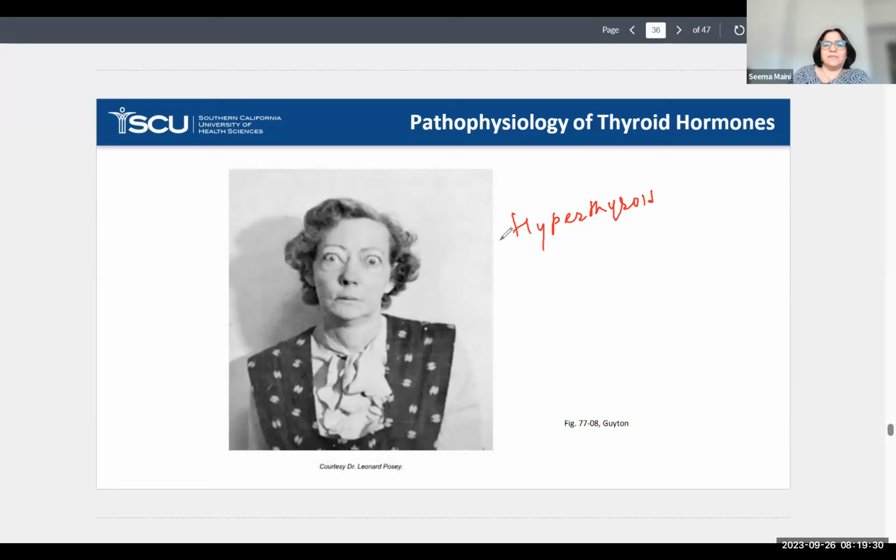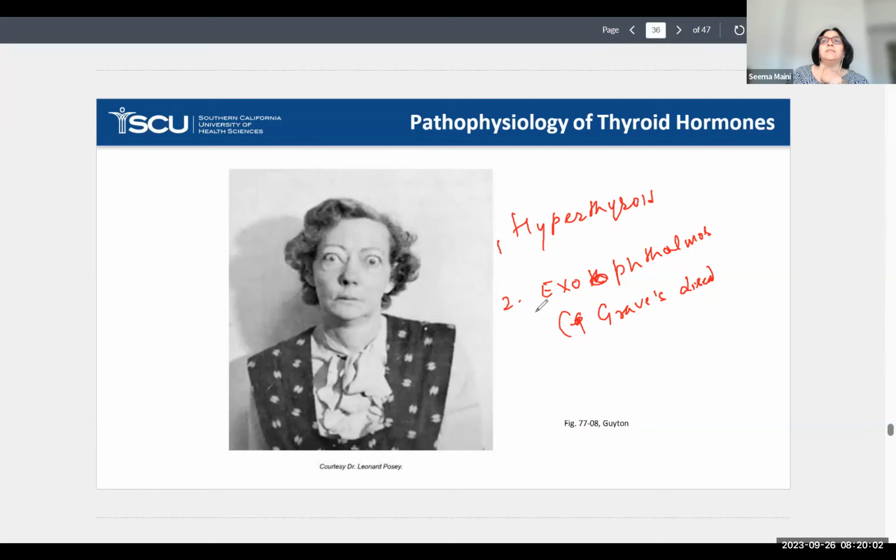Okay. Second thing is there is exophthalmos. Exophthalmos is not seen in all the hyperthyroid pathologies. It is seen only in Graves' disease. Why? Because typically in these patients, this thyroid stimulating antibody also causes proliferation of the tissues in the retrobulbar space.